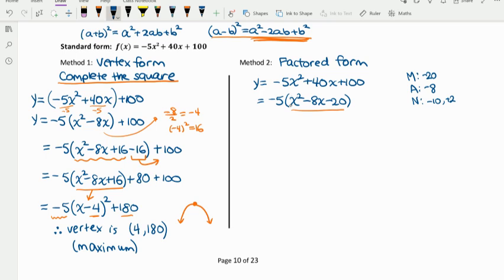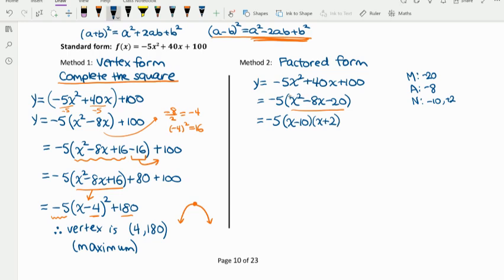This is a simple trinomial, meaning in front of the x squared I have a 1. There's no other number. So I'm going to put the negative 5, and I'm just going to go straight into writing my brackets. (x minus 10)(x plus 2).